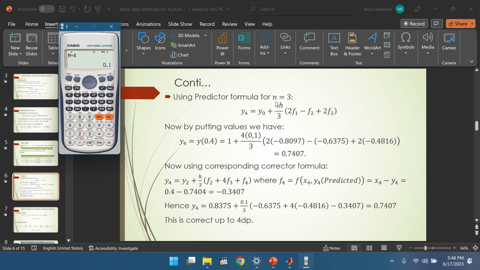Keeping in mind I am using this formula for the corrector as well by introducing some values. So m divided by 4, I'll be using this one. Now a is already found, that was divided by 2. b is fixed, c is fixed, and x is 0.4.